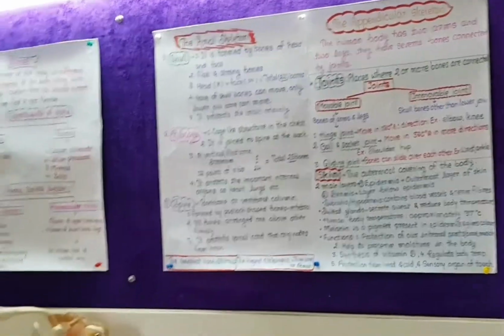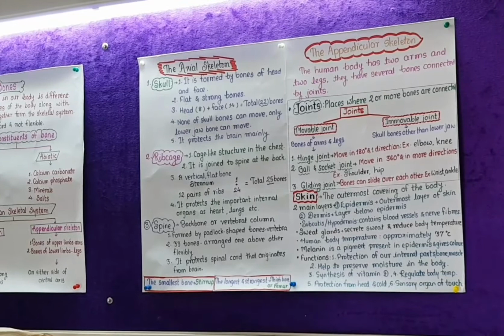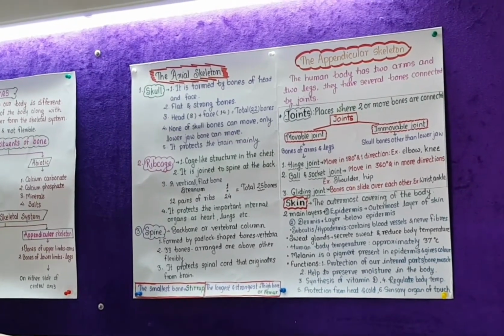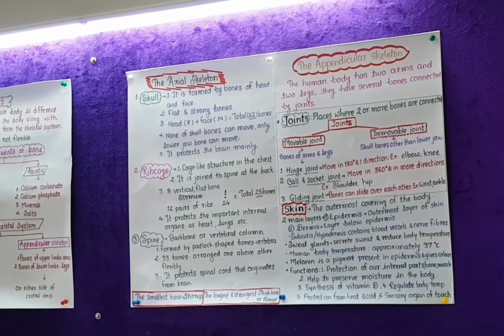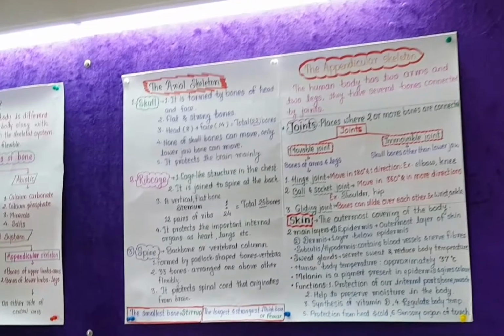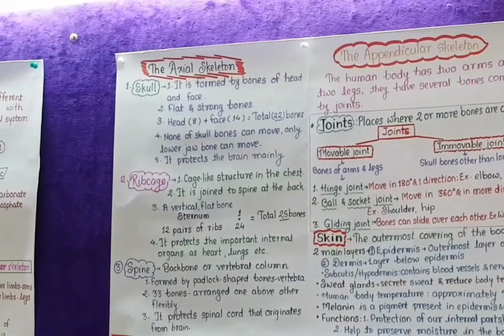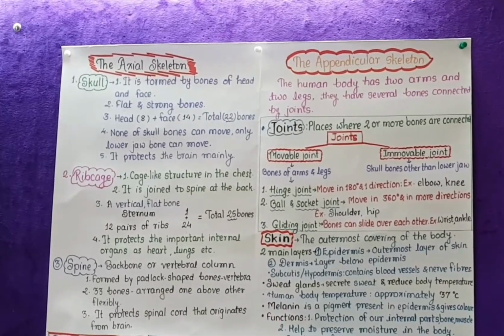Melanin. See, in African people there is more melanin, that's why they are dark in color. The color of hair and the color of skin is decided on the basis of this melanin.